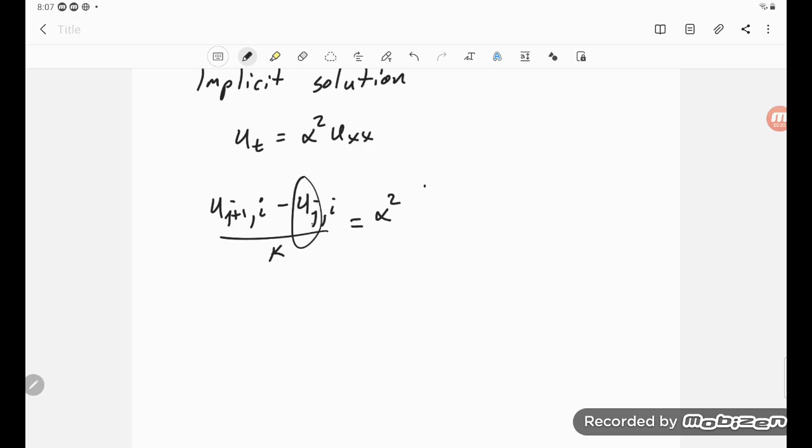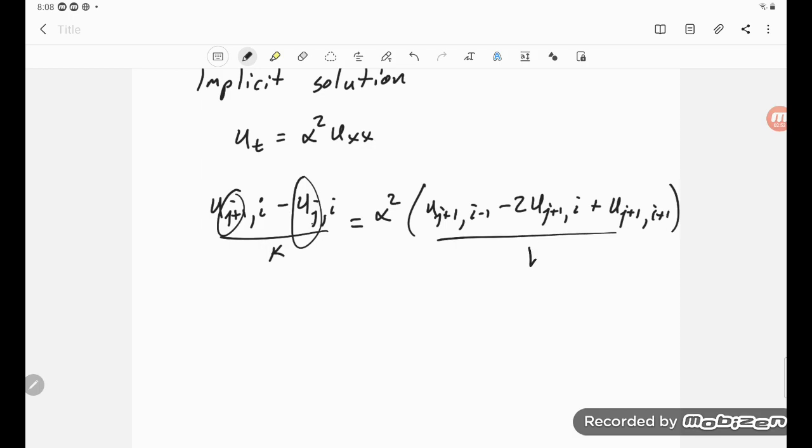I am going to use the forward time here. So I'm going to say this is u sub j plus 1, i minus 1, minus 2 u sub j plus 1, i, and then plus u sub j plus 1, i plus 1, all over h squared.